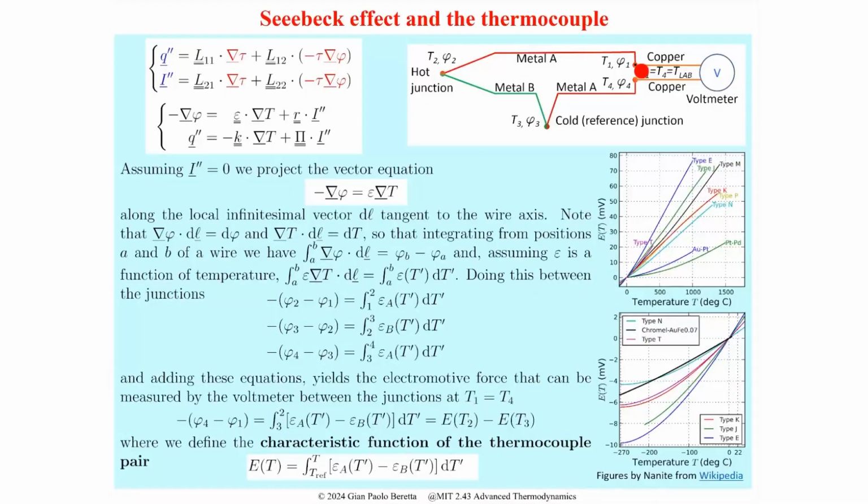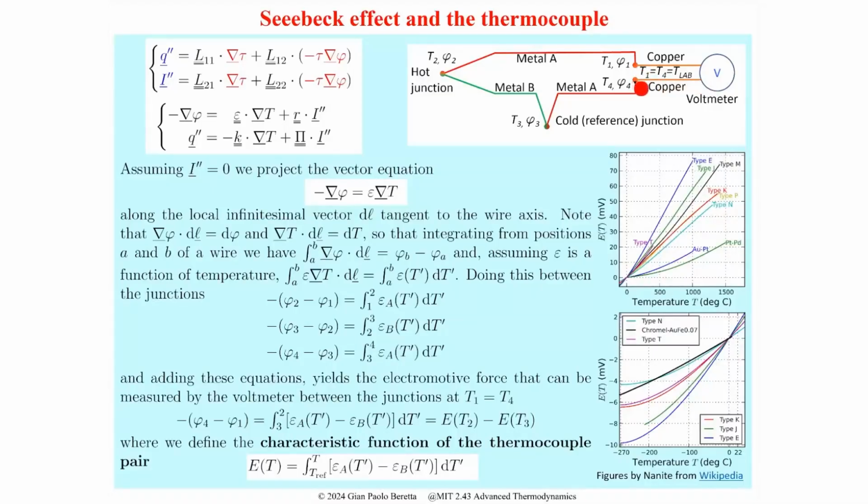And at the other end, in this place, they are not touching. So it's an open circuit, so that there is no current circulating. And you will measure voltage differences, if there is any.